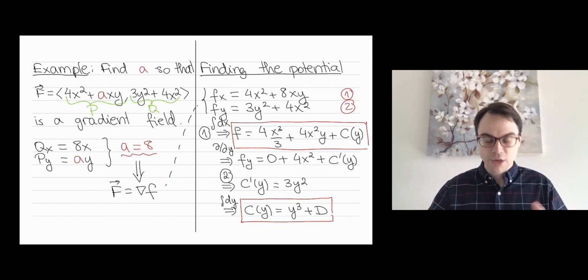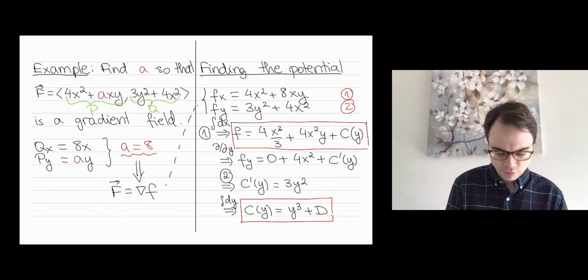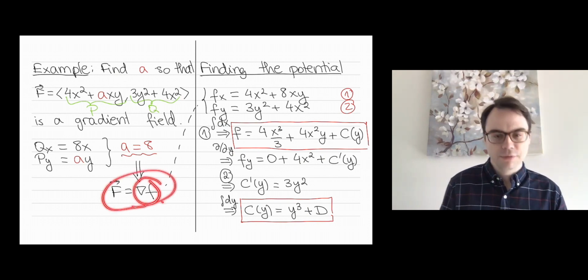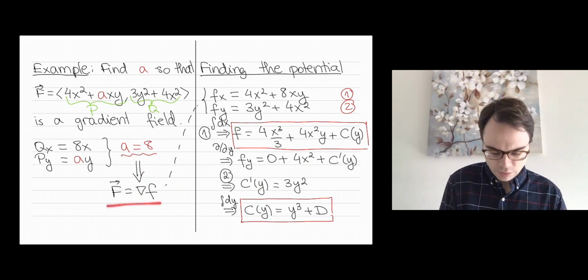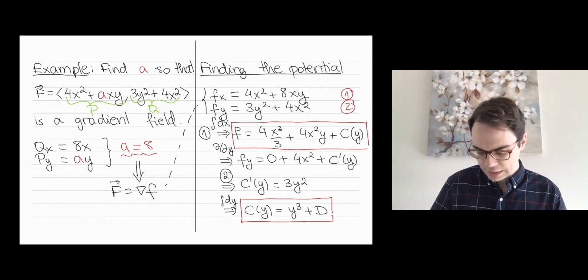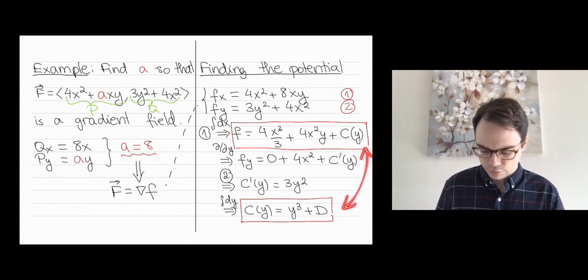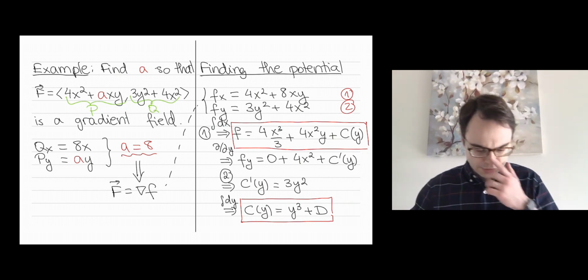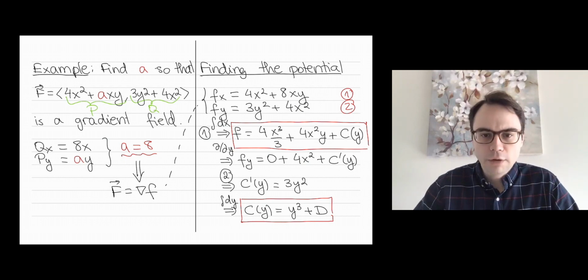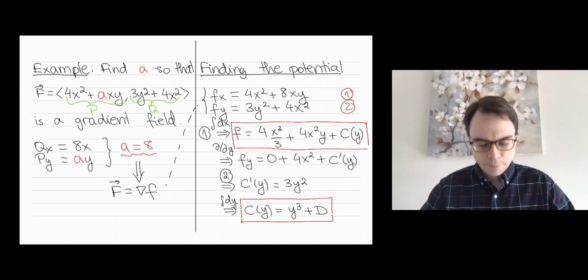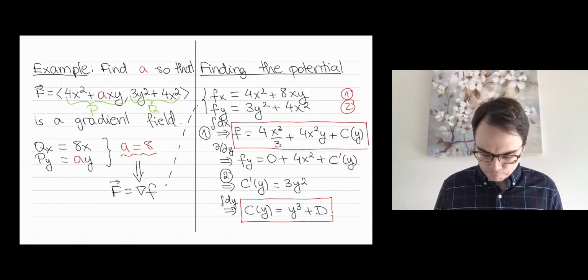It only pins it down up to a constant, right? This equation involves only the derivative of little f, so I can only find from this equation little f up to a constant, and I did exactly that over here. So there you go. This is how we can find the potential function of a conservative field.